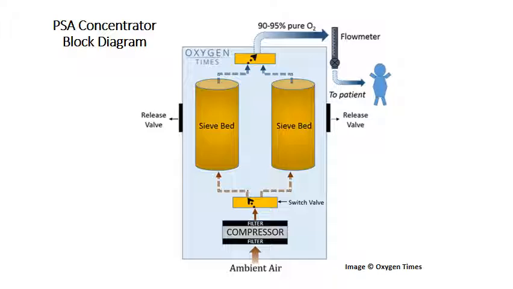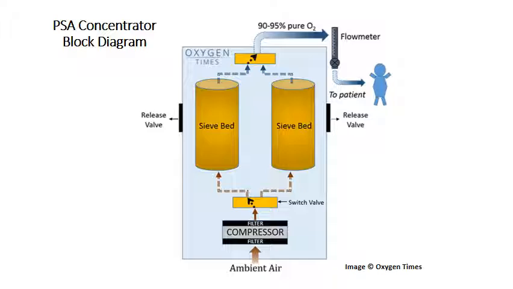The reason there are two is that you have to be able to trap nitrogen in one and then switch to the other one, and you see the release valves on both sieve beds. You have to be able to flush the nitrogen out because it eventually will just saturate the entire sieve bed. So that's the requirement for switching from one tank to the other, back and forth, as each becomes saturated.